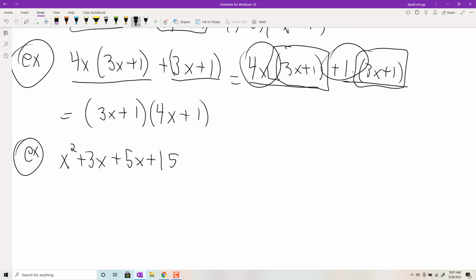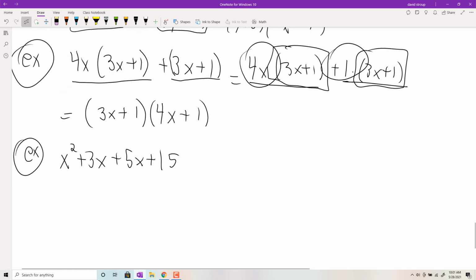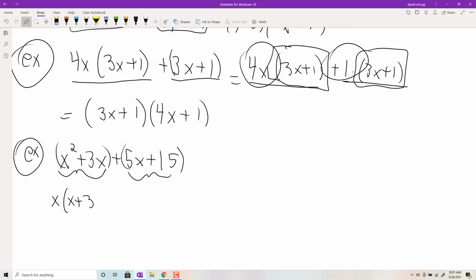And the way you can kind of identify these is there's 4 things there, first off. And if you look 2 at a time, like if I were to group these 2 together, like associate these 2 and associate these 2, you could factor out GCFs from those 2 pairs, right? In the first pair, I can factor out an x, and I'll have x plus 3 left over.